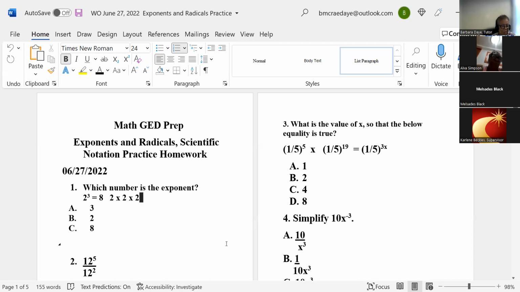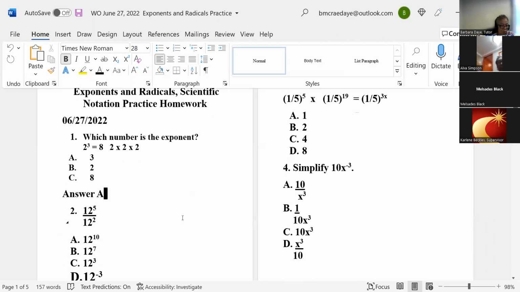The exponent is the power, and the number that you raise to the power is the base. Any questions on that one? So what would be the answer, Mercedes? A. Okay, Alva, you have that one correct.